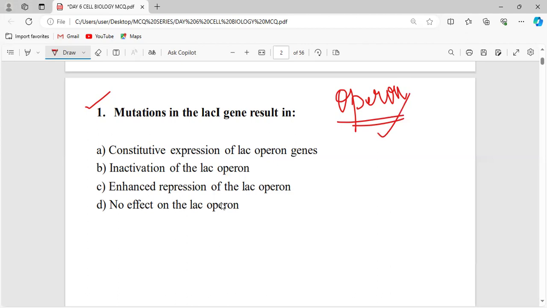And my second question for you is, does this operon happen in prokaryotes or eukaryotes or both? Tell me whether the operon takes place in a prokaryote or in a eukaryote.